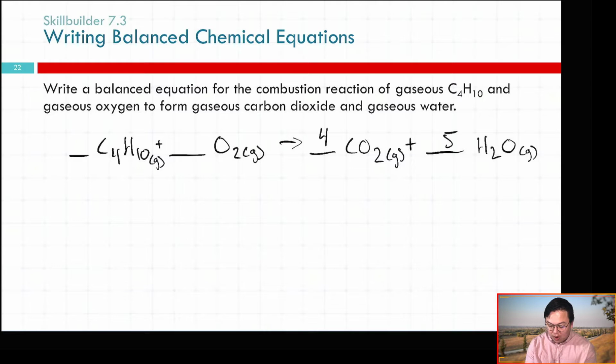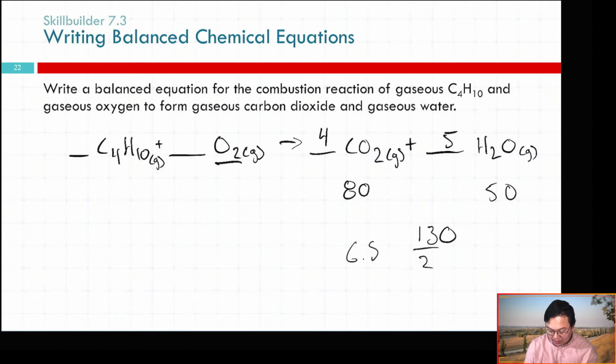Now we'll count the number of oxygens that we have on the right side. So we have 8 oxygens here, and we have 5 oxygens here. And that's going to give us 13 oxygens. But we have O2. So it looks like we're going to have to multiply here. We need half of 13.